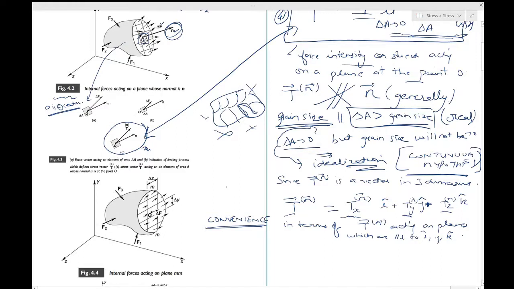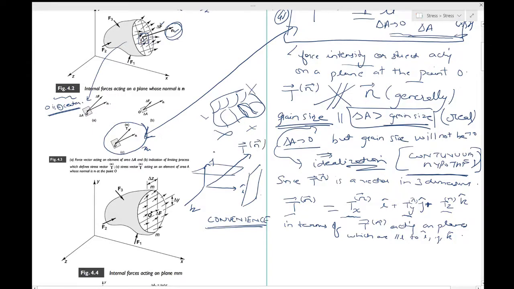Say you have this i, j and k axis. Now what are the planes which are parallel to i axis? Say this plane. What is the plane which is parallel to j axis? Let's call this plane. And similarly you will have a plane which is parallel to the k axis, not drawing that. Now if there is any vector, just happens to be the stress vector, but it can be any vector which is like this.